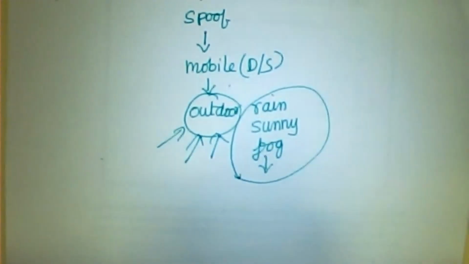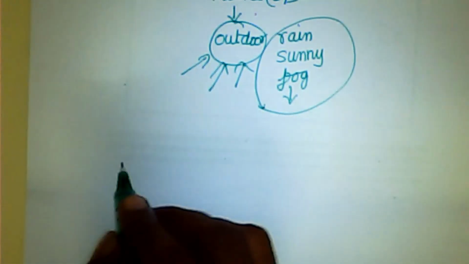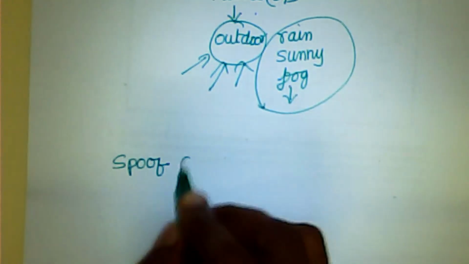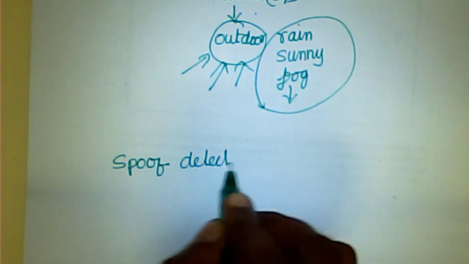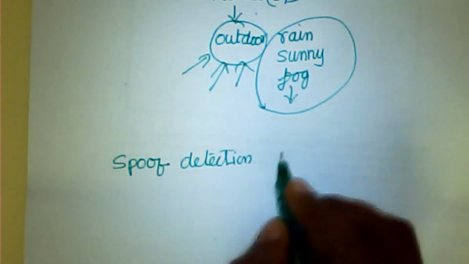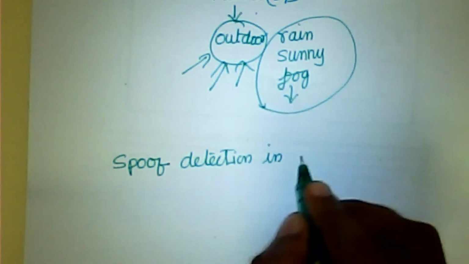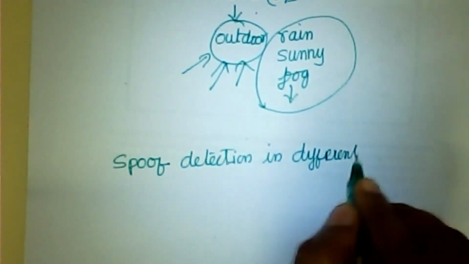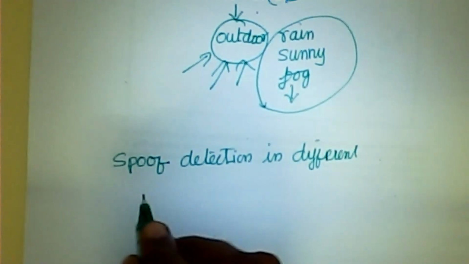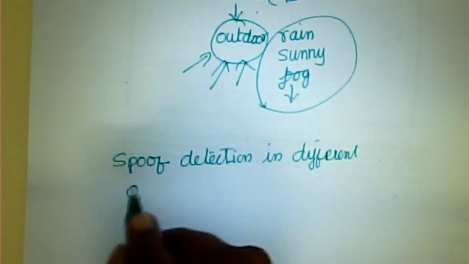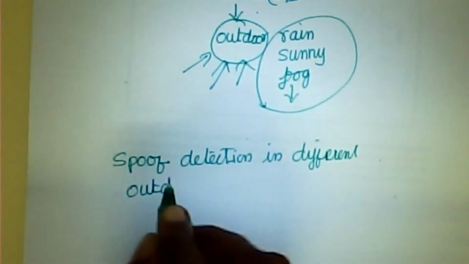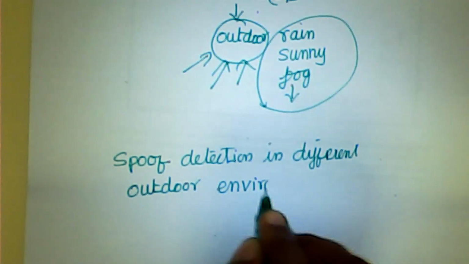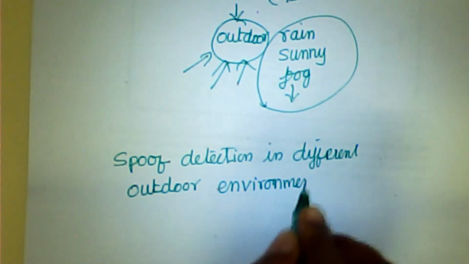Now I can create an objective question on spoofing. Now my topic has become spoofing detection in different outdoor environmental conditions.